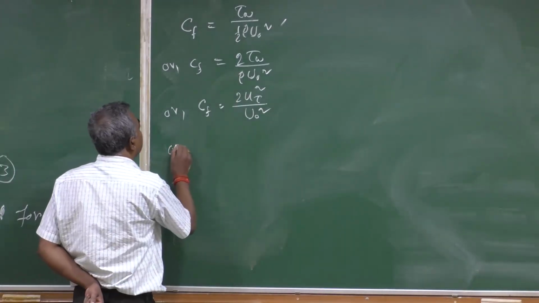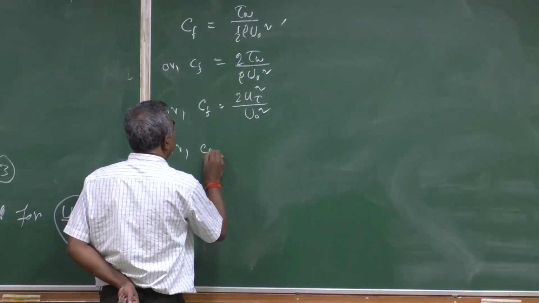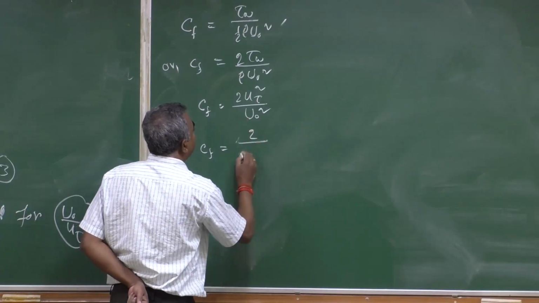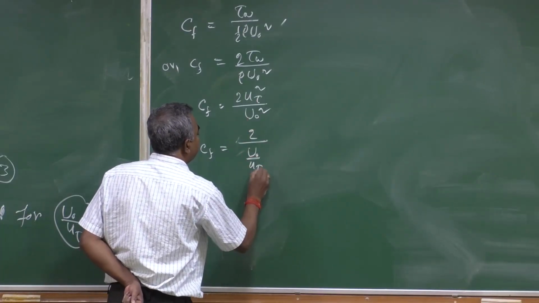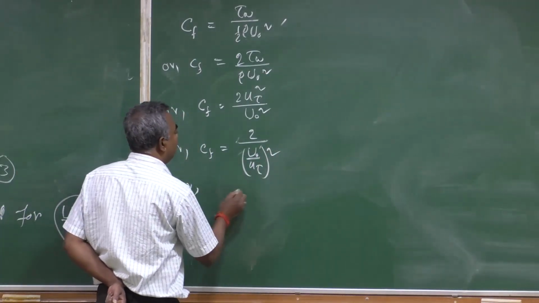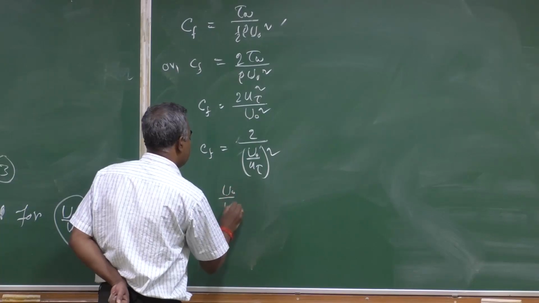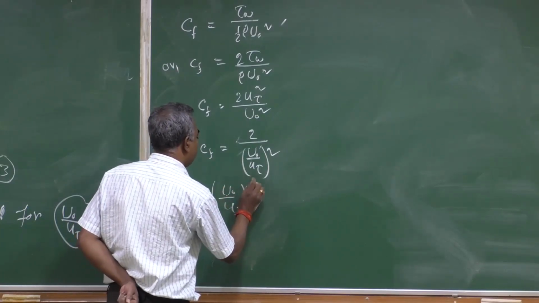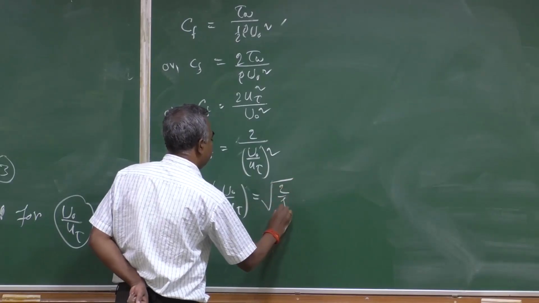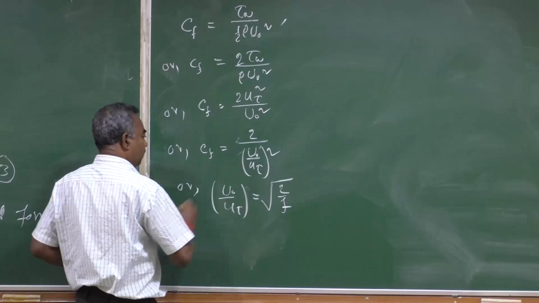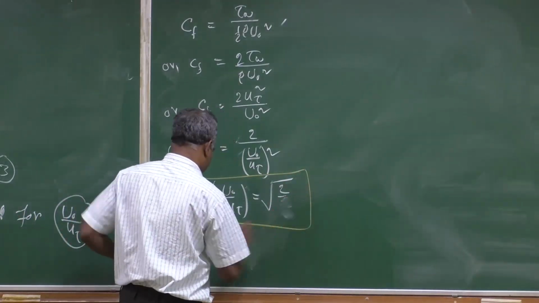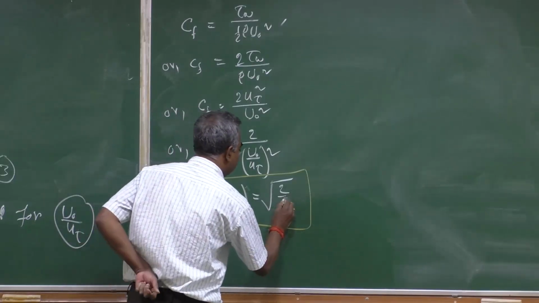Or this is essentially Cf equal to 2 divided by u naught by u tau whole square, or u naught by u tau is equal to square root of 2 by Cf, you see. It should be Cf, right.